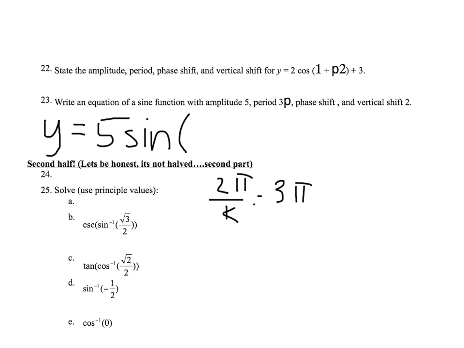Multiply by k, divide by 3 pi. Pi's are going to cancel out. K is going to be 2/3 x. Oh, phase shift. Shoot. Doesn't look like it's there. Well, if we had a phase shift, we would put a plus c, and then we could have solved that as negative c over k. And then the vertical shift just gets added on at the end. Ta-da! Thank you guys. Good luck.